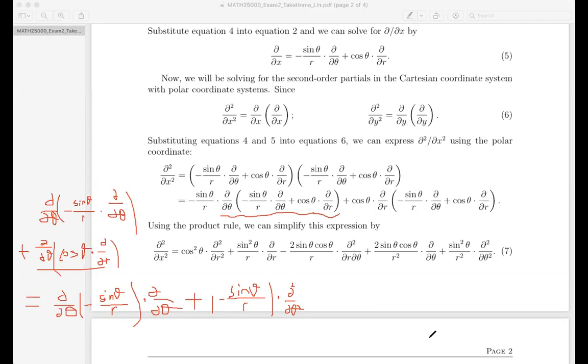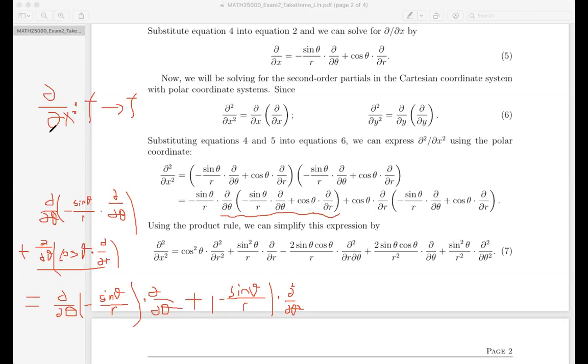All right. The justification of this is because the partial is an operator. It takes a function as input and outputs a function. This is the definition of an operator.